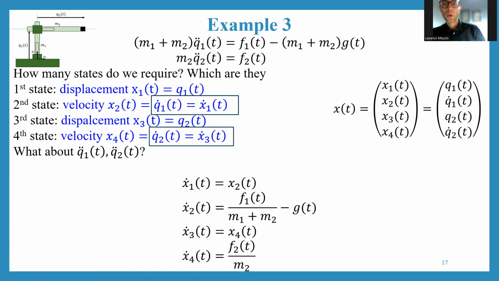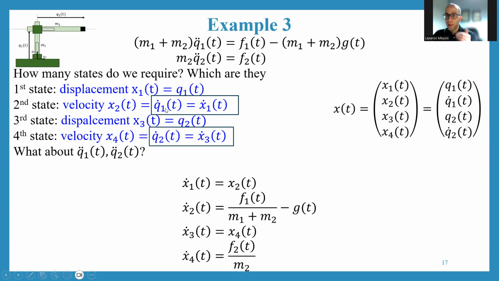So how can we understand how many states we want, and how big the state space is going to be? For the first link, since we have a second order differential equation, we need two states. The first state x1 is the displacement q1, and the second state is the velocity, x2 equals q1 dot.